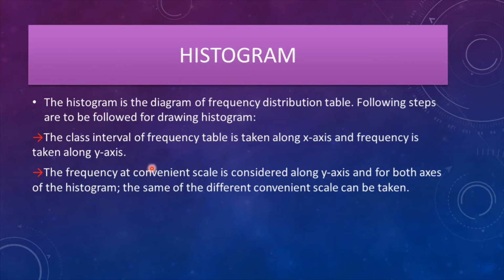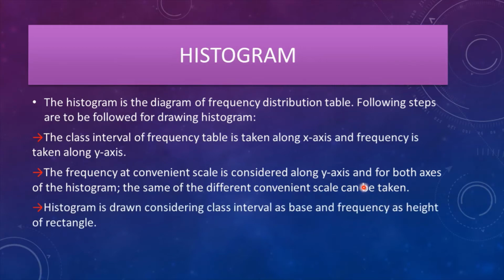We will do it practically, my dear students, on graph paper. After that, the next step, the frequency at a convenient scale is considered along the y-axis. That means along the y-axis we will take frequency, and for both axes of the histogram the same or different convenient scale can be taken.